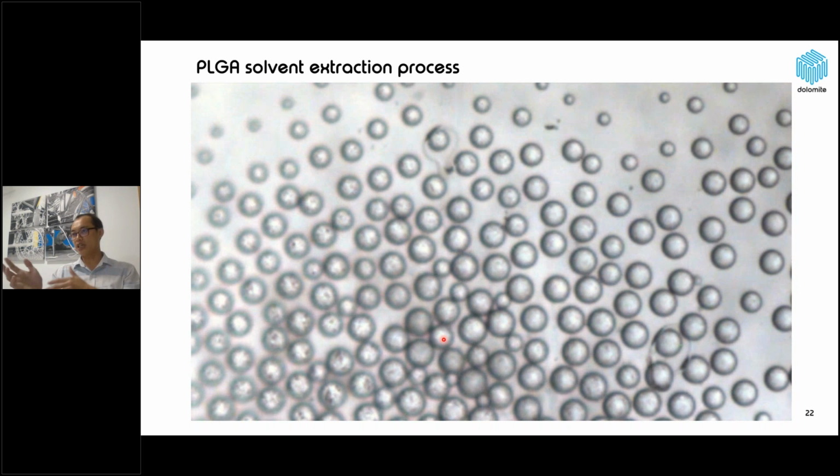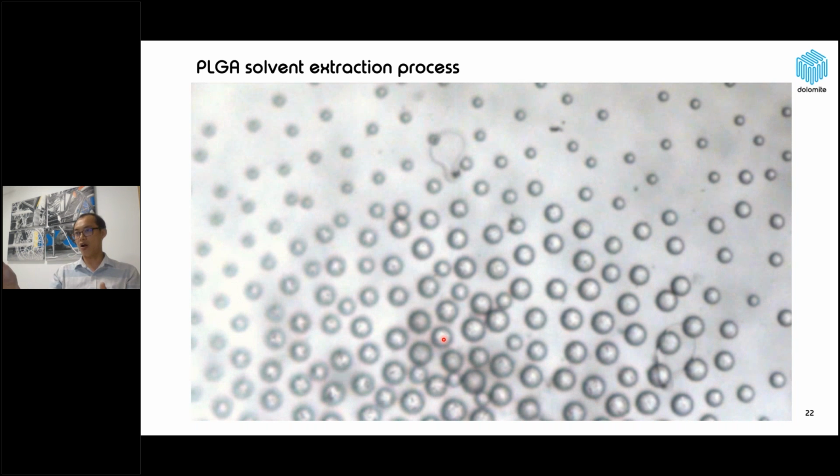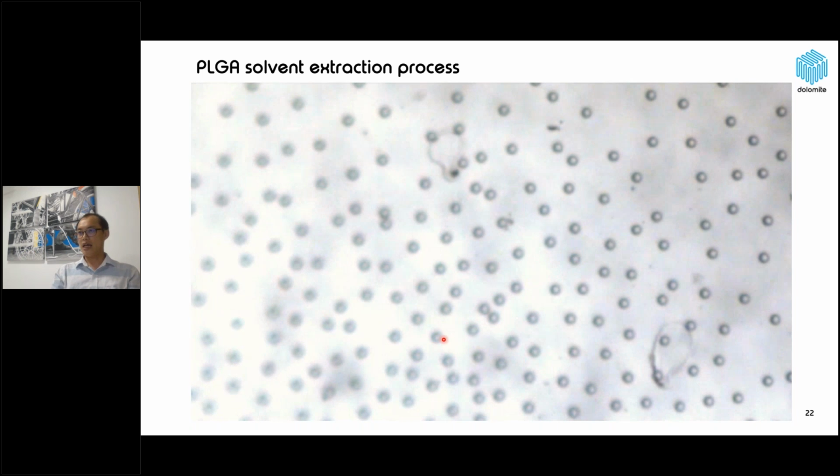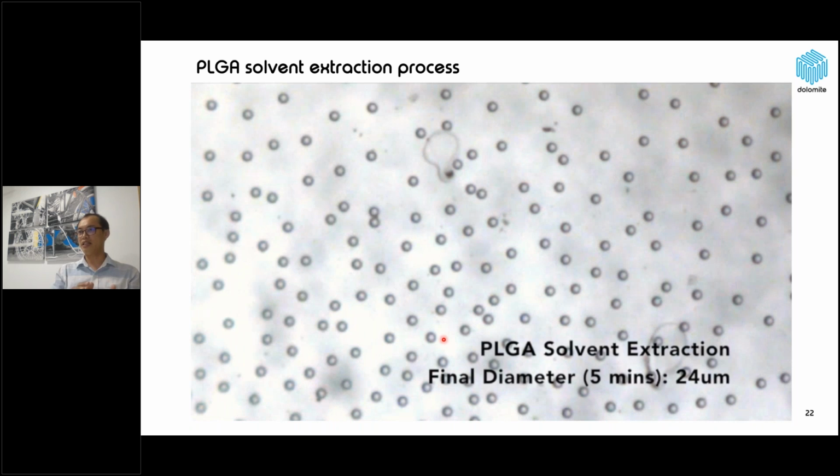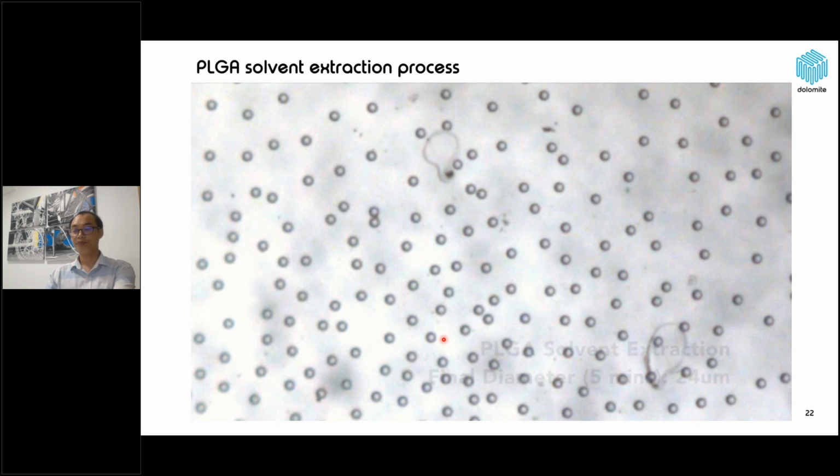During the time, the DCM will be extracted out of the droplets and into the water, and then it will leave the solid PLGA with a final diameter of around 24 micrometer. So the solvent extraction process can happen very quickly. In just 5 minutes we can obtain the solid PLGA microparticle from a droplet.